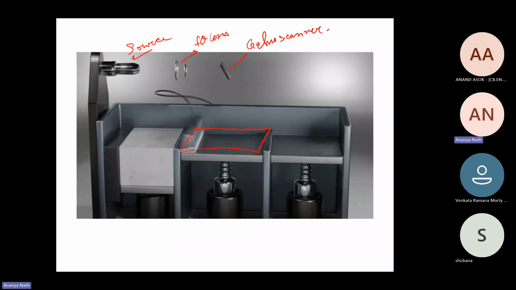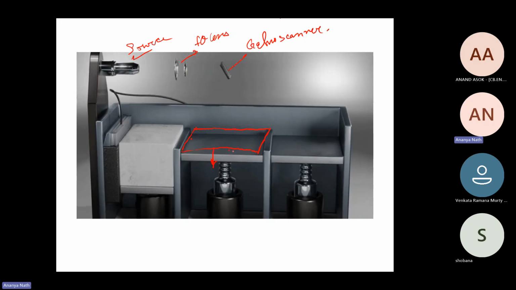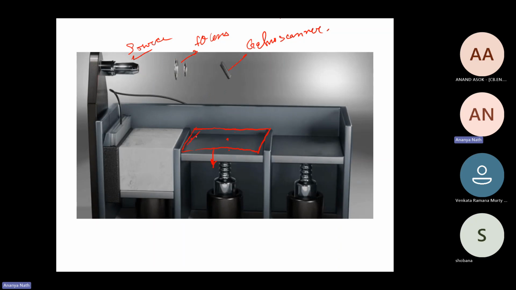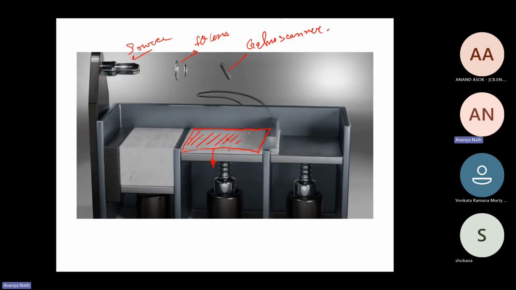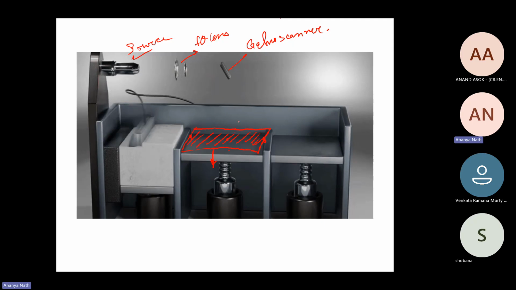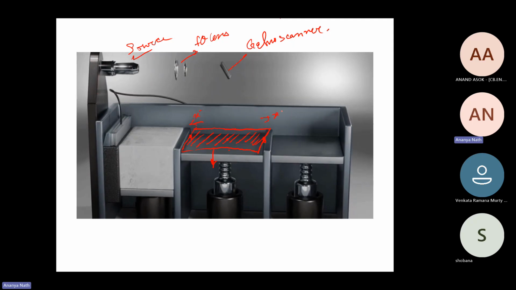My build plate goes down, but my laser doesn't go down. The laser will always be focused at this plane. But it has to be focused from this position to this position, which is the extreme end in X minus and X plus.